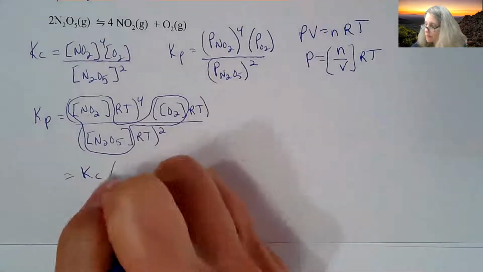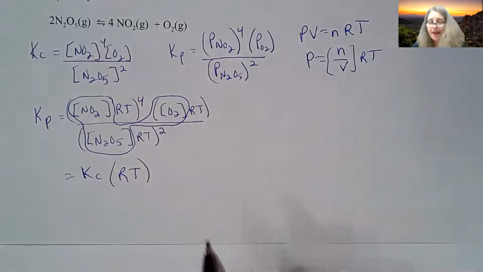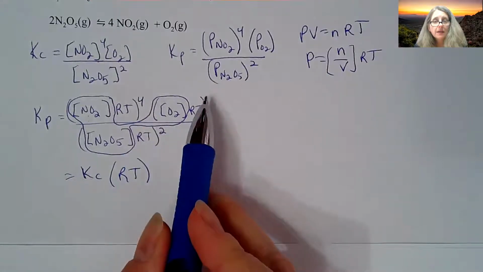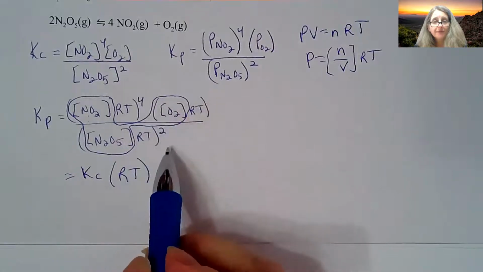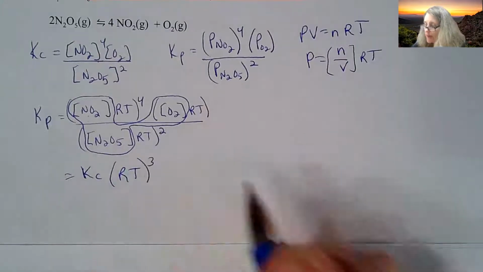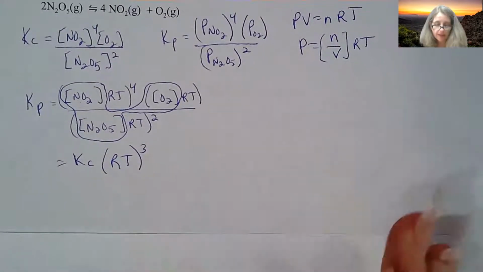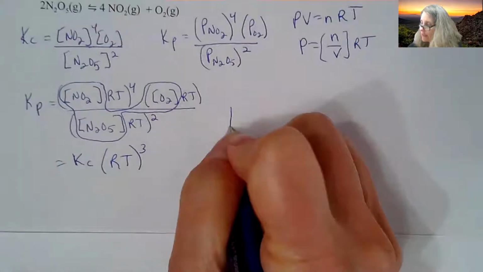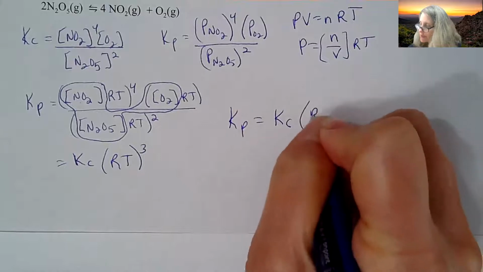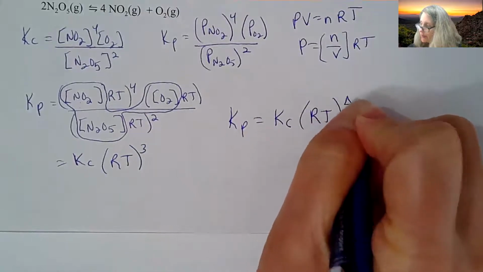Then what I have left is the RT. So this is going to be multiplied by RT, but what is the power going to be? I have 4 times 1 on the top, so that's 4 plus 1 is 5. Then you subtract what is on the bottom, which gives me a power of 3 for the RT. So generically, Kp is equal to Kc times RT to the power of delta n.